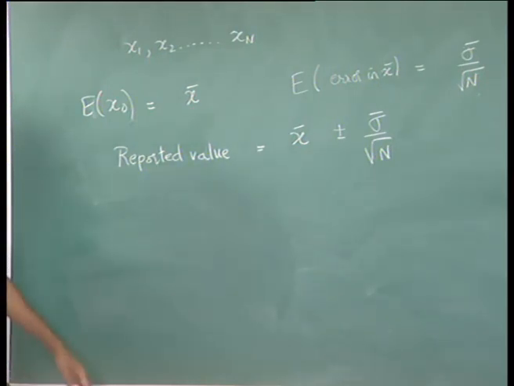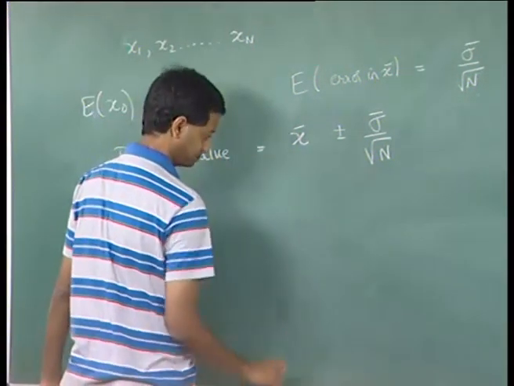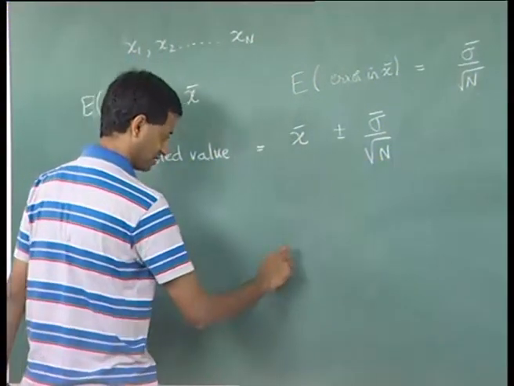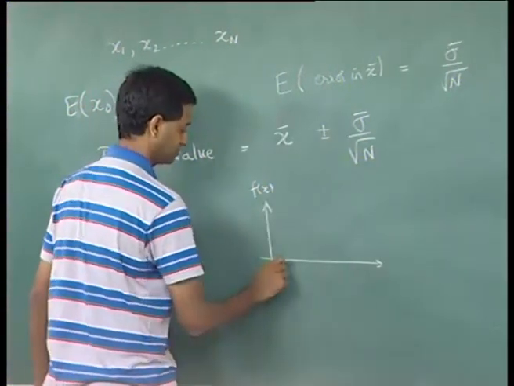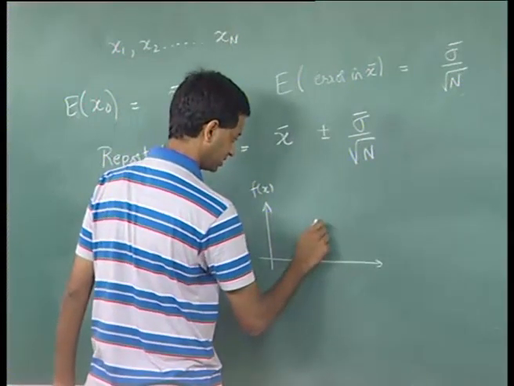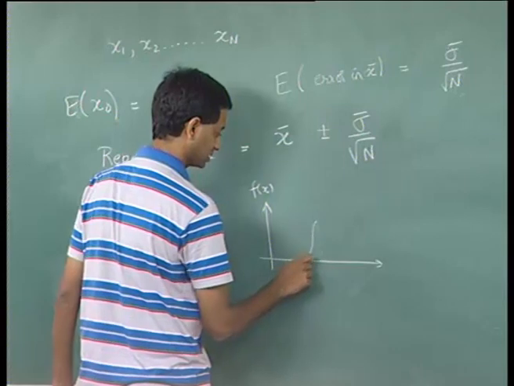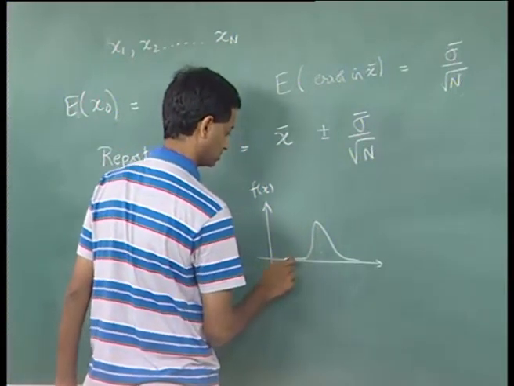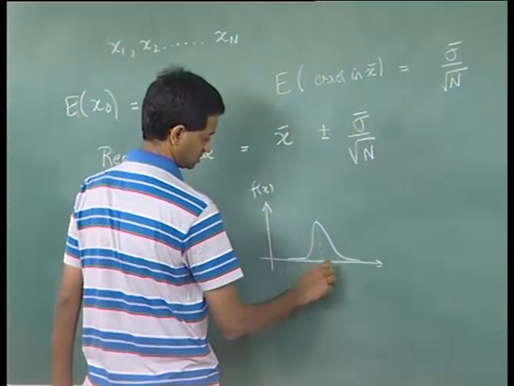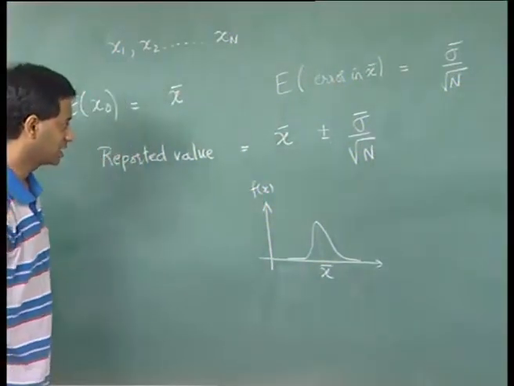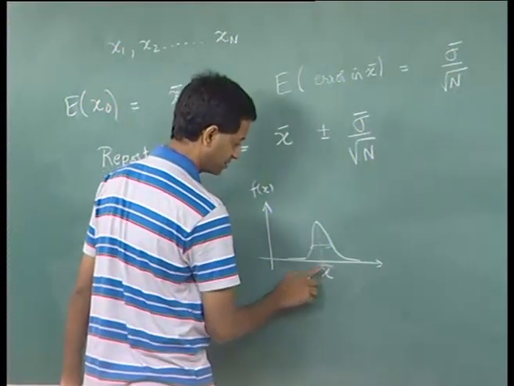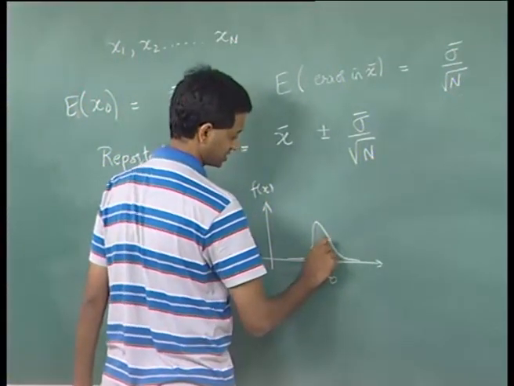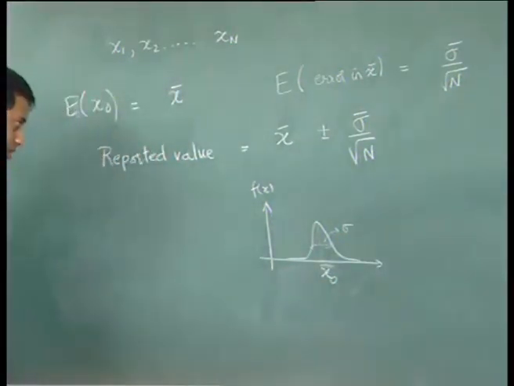Now, implicit in this is the assumption that f of x is distributed as a Gaussian with mean x0 and a standard deviation of order sigma.